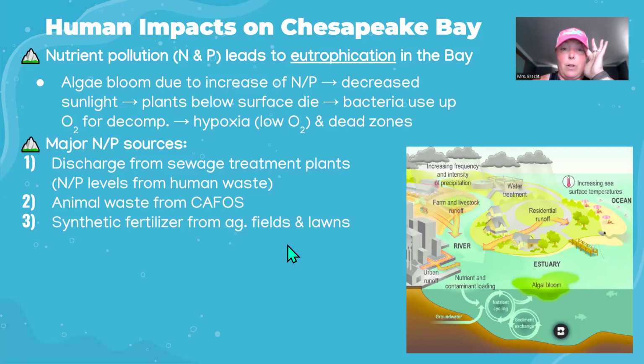And then synthetic fertilizers from agricultural fields, but also from your lawn. So if you are getting your lawn treated by True Green or Green Thumb Lawn or whatever they're called, those fertilizers that they're putting on your lawn to make it nice and green also run off into our creeks, and that can also contribute to eutrophication.